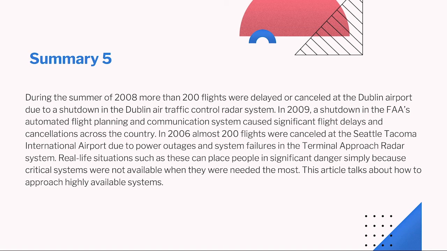In 2009, a shutdown in the FAA's automatic flight planning and communication system caused significant flight delays and cancellations across the country. In 2006, almost 200 flights were cancelled at the Seattle-Tacoma International Airport due to power outages and system failures in the terminal approach radar system.